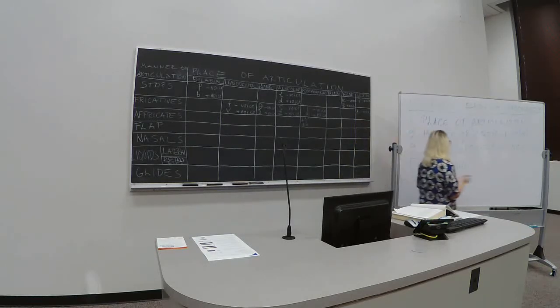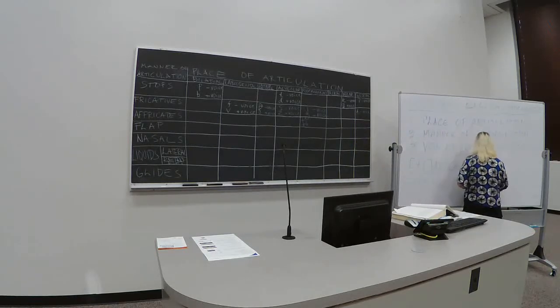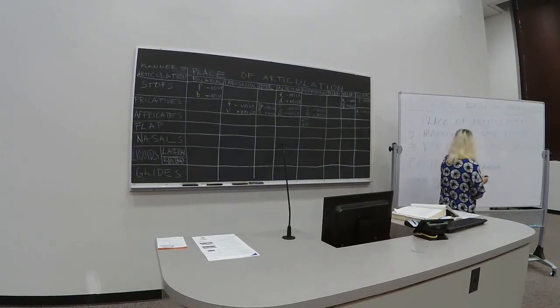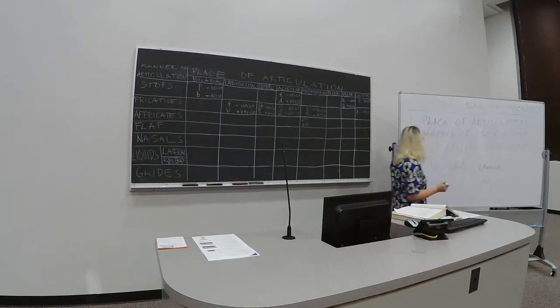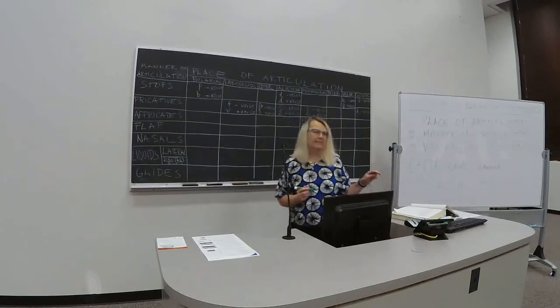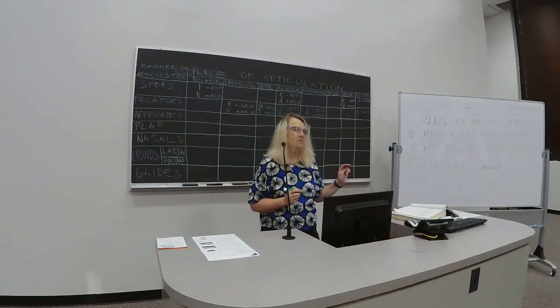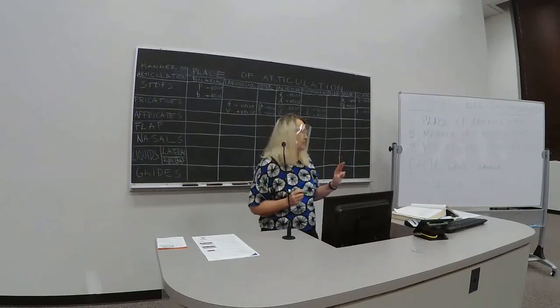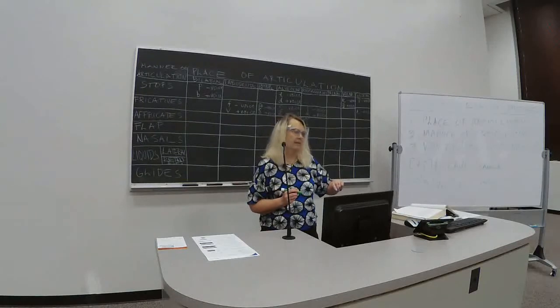If you look at a word like church and judge, how many voiceless affricates do you find in the word church? Two, yes, one in the beginning, one at the end.